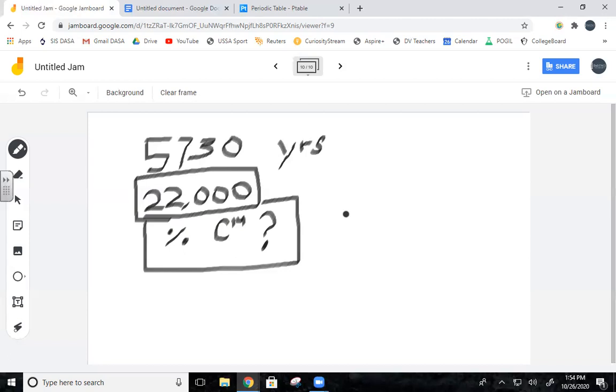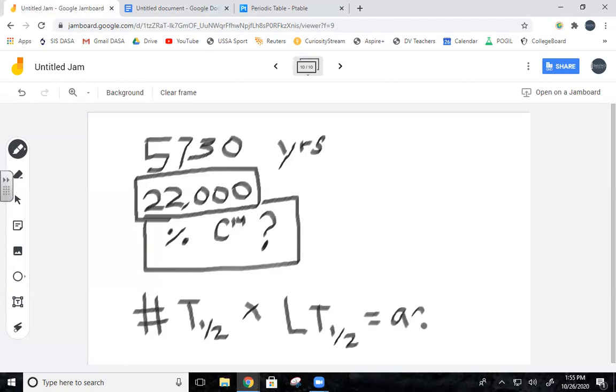So let's look here. We have this equation: the number of half-lives multiplied by the length of each half-life gives us the age, right?